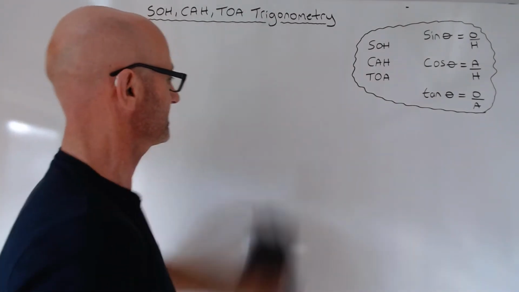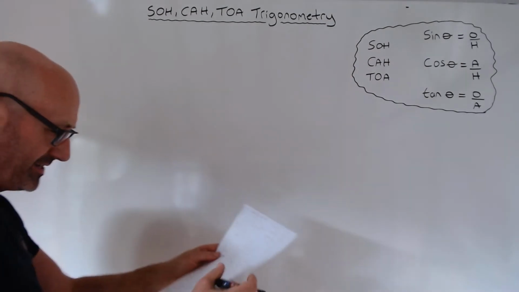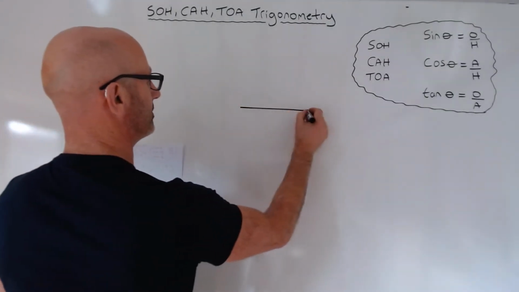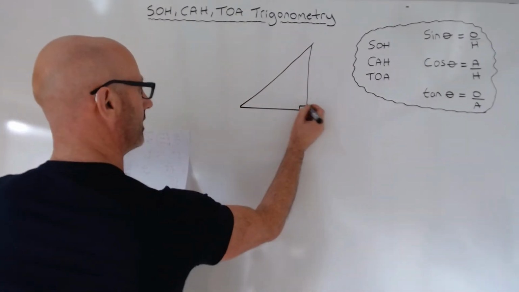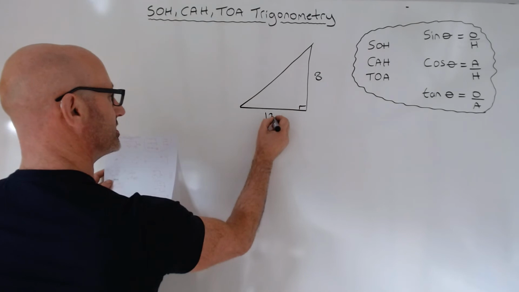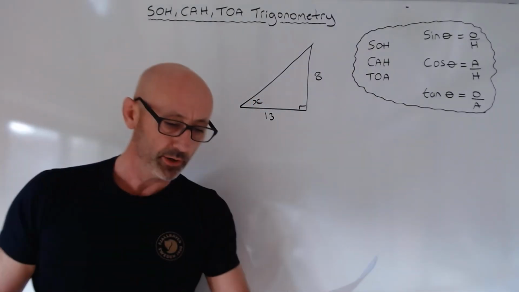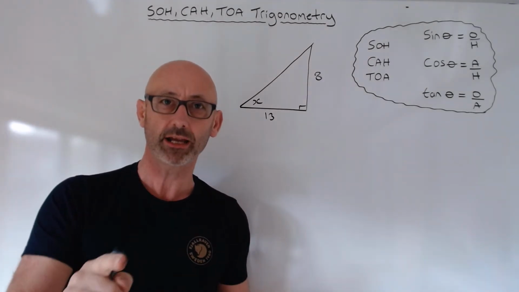Okay, right, step 2. So, here is another triangle. Slightly different one this time. 8, 13. And this time, we're going to try to work out the angle.